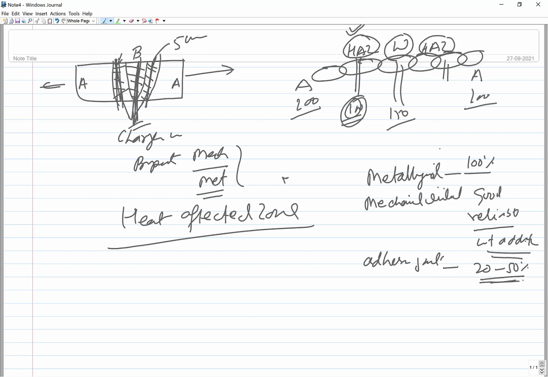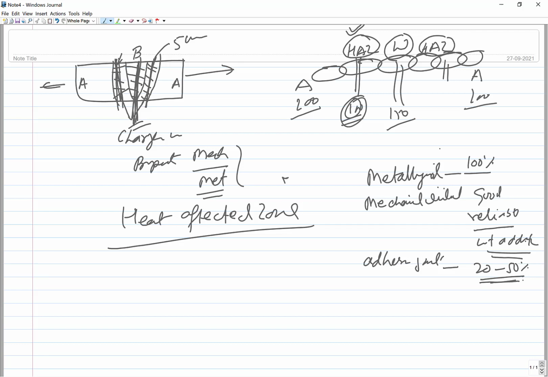So they are not actually used for carrying significant mechanical load, but are used primarily to ensure that the components remain in position. To maintain the relative position of the two components only, adhesive joints are preferred. But if these are of the load carrying type, where the load will be acting across the joint interface, then their performance will be poor.